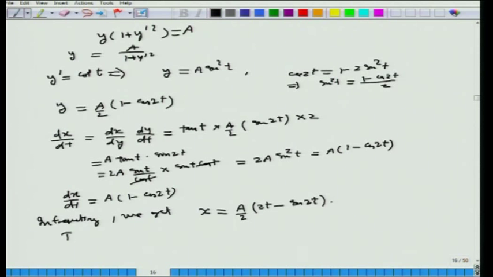Thus, x is a by 2, 2t we write as t tilde minus sin t tilde, and where t tilde is 2t, and y equal to a by 2 into 1 minus cos t tilde.